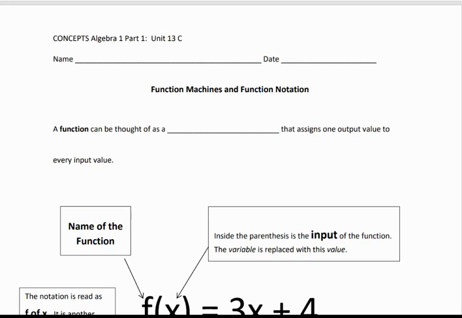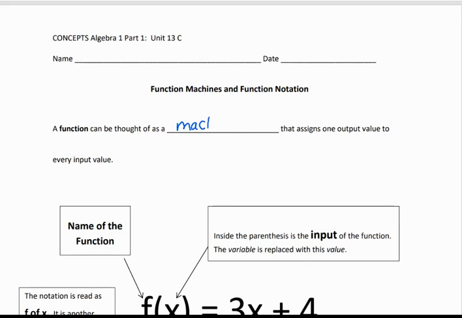So worksheet 13C, function notation. A function can be thought of as a machine that assigns one output value to every input value. What it's saying is that if I plug in an x value, an input, I'm going to get something in return.